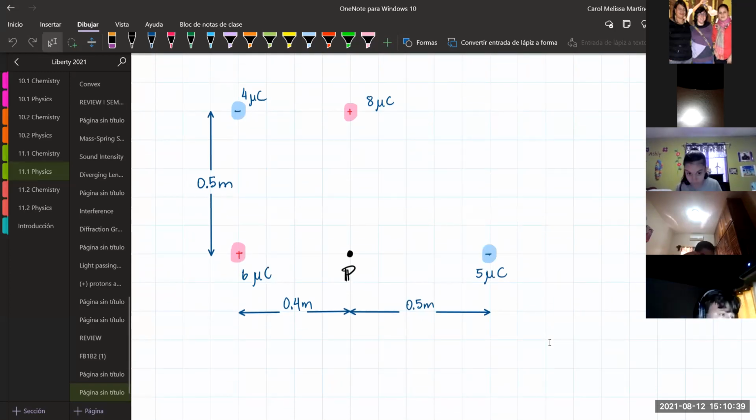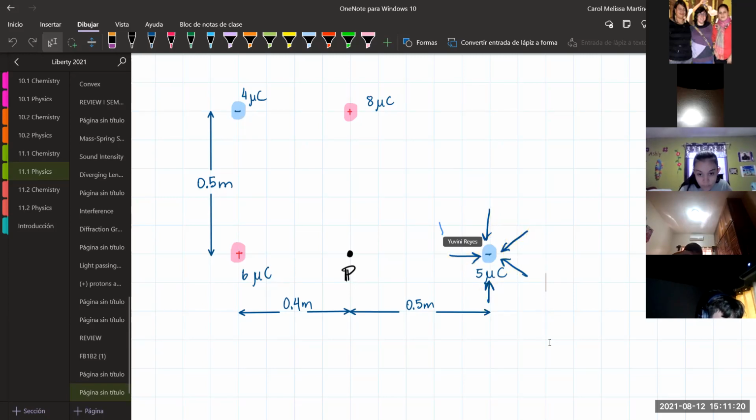In the negative charge, the electric field is coming toward the particle, like this, in every way. Now, what direction is this field going to have according to the point P? What arrow from all the arrows that I drew is going to pass through the point P?